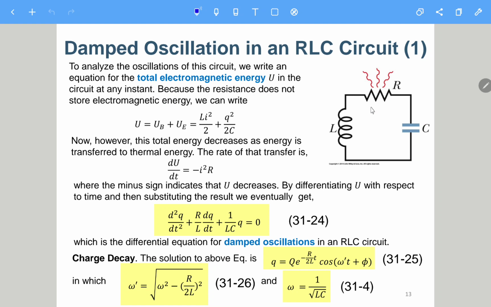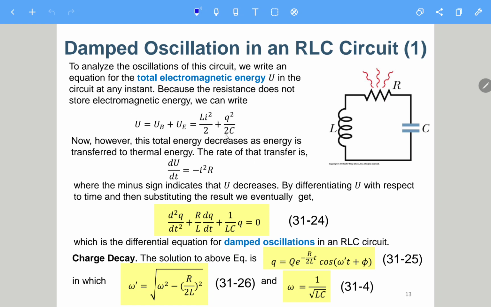Okay, so when you look at the bottom part, you can see things become more complicated, of course, because we have an additional element. So let's see. At the very beginning, it is the same thing. The total energy equals UB plus UE, equals 1/2 L i squared plus Q squared over 2C.